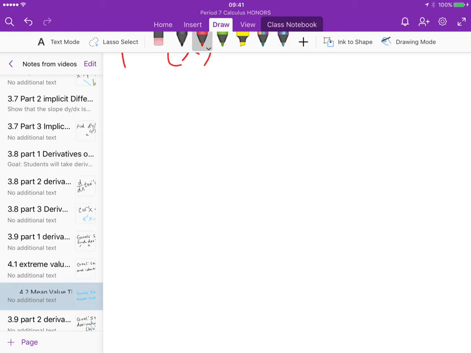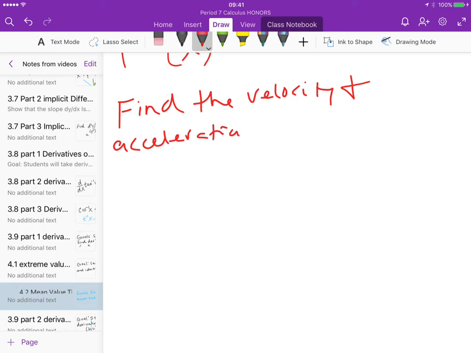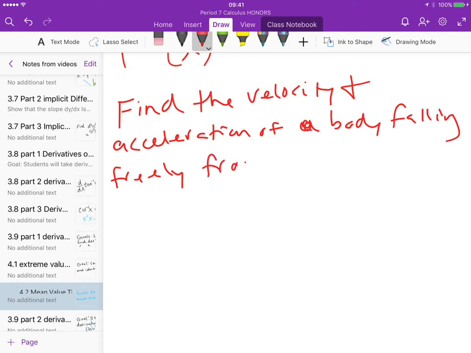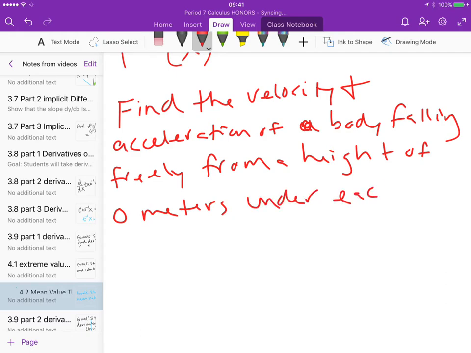For this example, find the velocity and the acceleration of a body falling freely from a height of 0 meters under each of the following conditions.